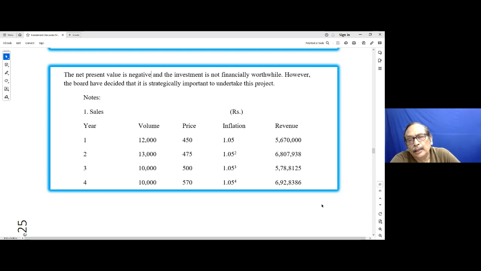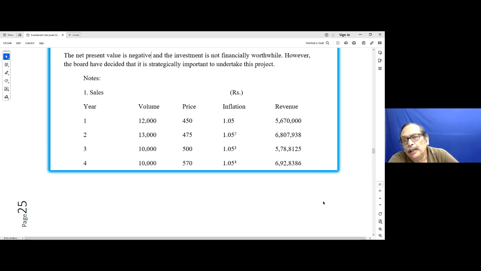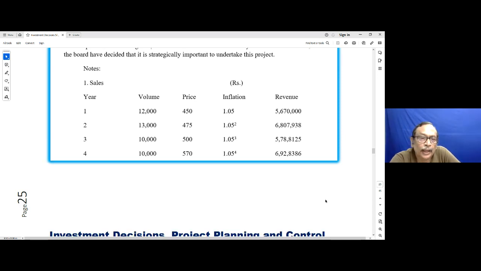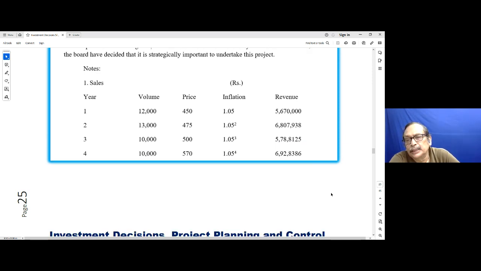Inflation, year 1, is 1.05 to the power 1, then we get the revenue. Second year 13,000, price is 475, inflation rate will be 1.05 to the power 2, and revenue comes to 6807938. In the third year, 1.05 to the power 3, it is 5788125.